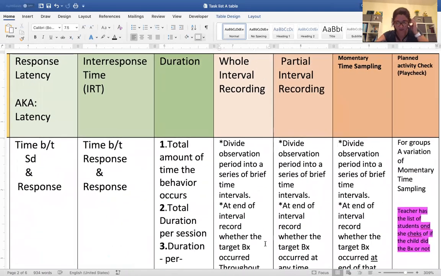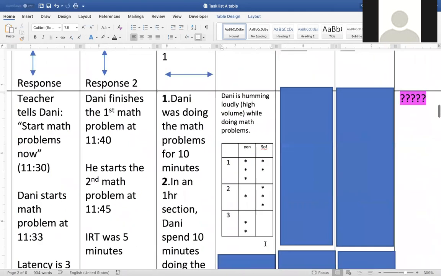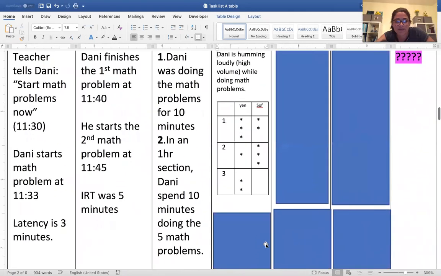So now we're gonna do whole interval recording for these two. I couldn't fit it horizontally, so does it make sense vertically? Basically, I want you to do the whole interval recording for Jen, this one right here. What would be the math there?